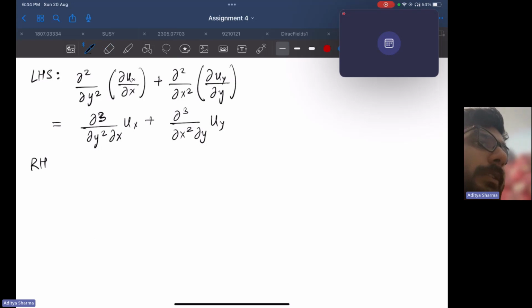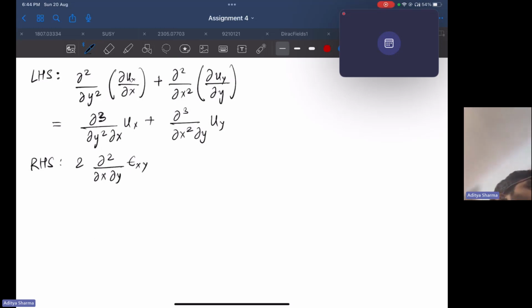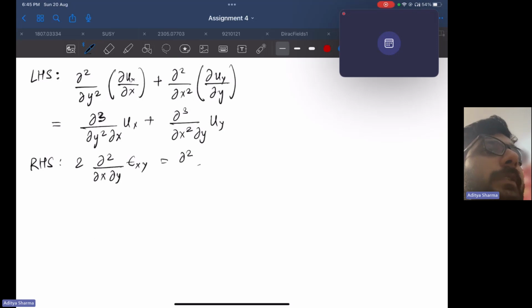Let's look at the RHS, which is 2 times del square epsilon xy by del x del y. Now it's going to become half and half, 2 gets cancelled. Del square by del x del y of del ux by del y plus del uy by del x.